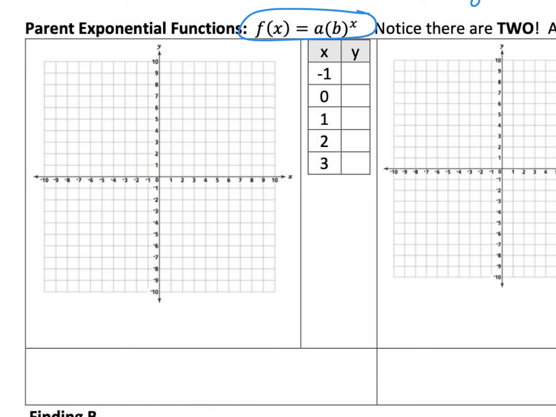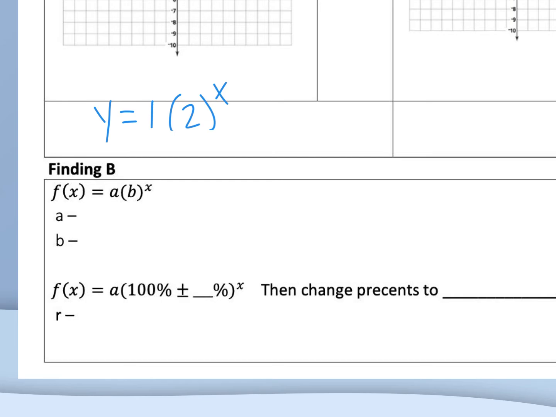You can use Desmos. So we're actually going to graph 1 parentheses 2 to the x. And to get that x like that, you're going to use that caret like we talked about when we were doing our exponent rules. Or you can do this in Desmos and use that AB button.